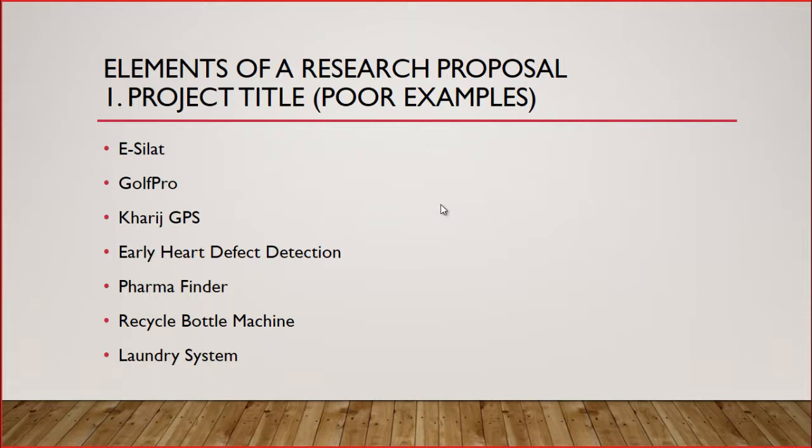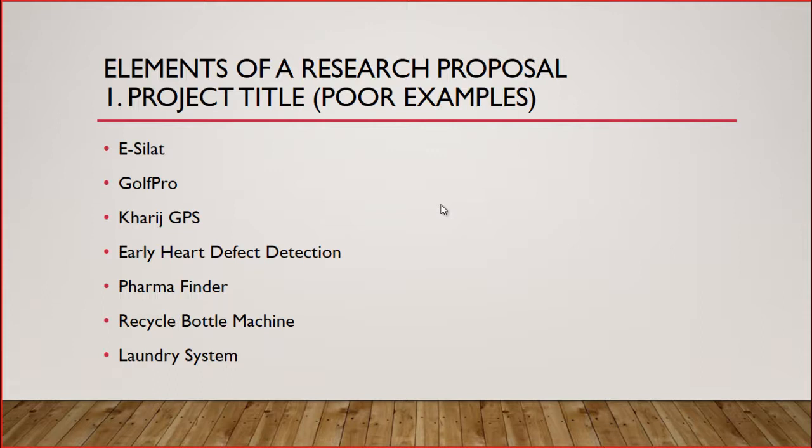So for me, if you have a laundry system, we can understand it's about laundry, but it lacks detail, a description of what this system does, and how it is unique and special. Remember that when you choose a final year project, a research, it must be interesting.